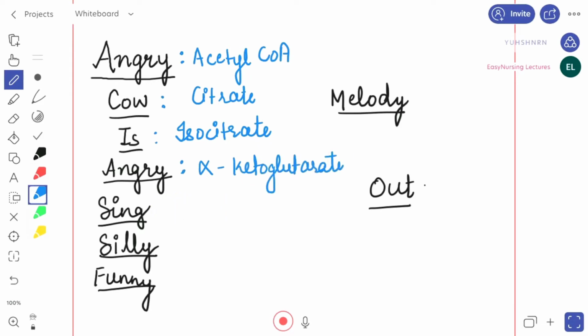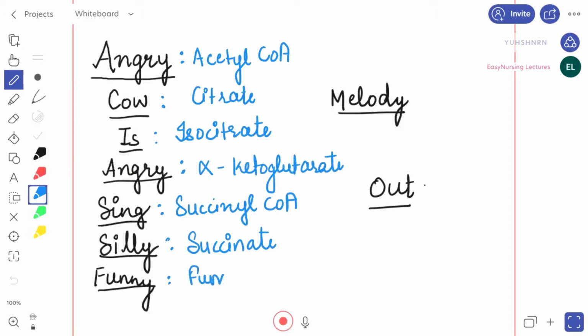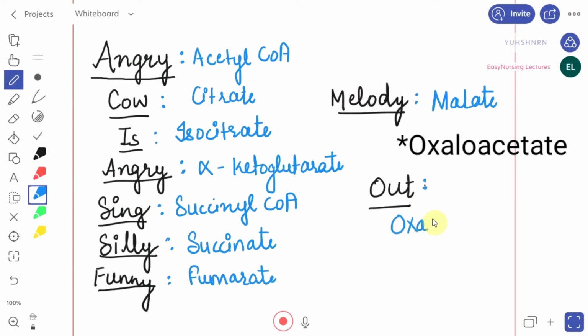From Sing we have succinyl CoA. From Silly we have succinate. From Funny we have fumarate. From Melody we have malate. And from Out we have oxaloacetate, which is the end product.